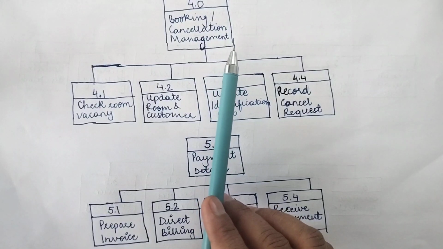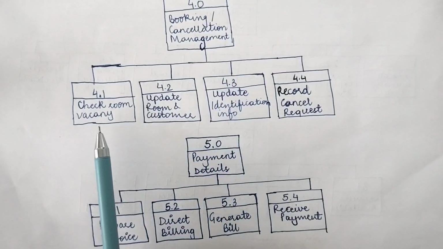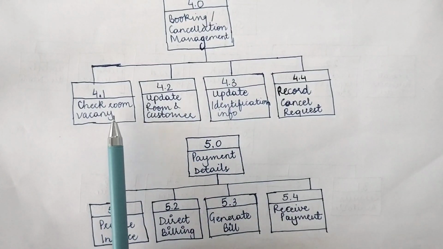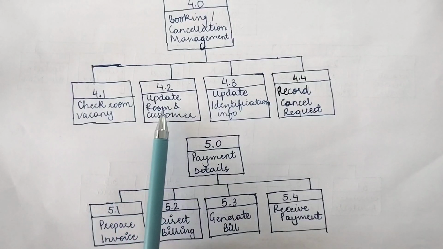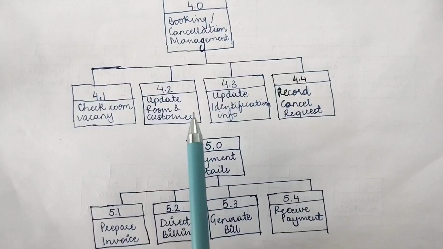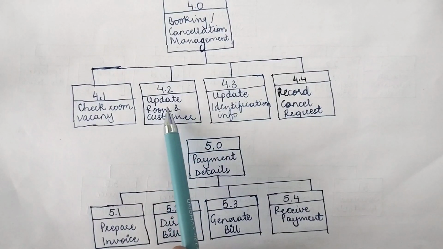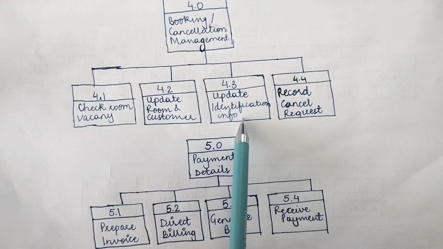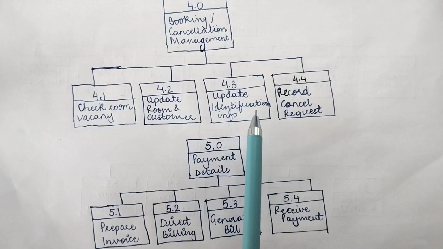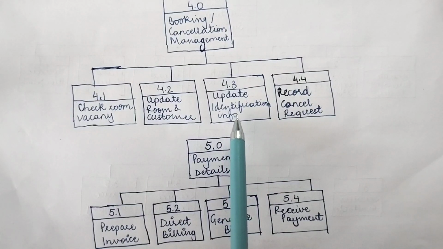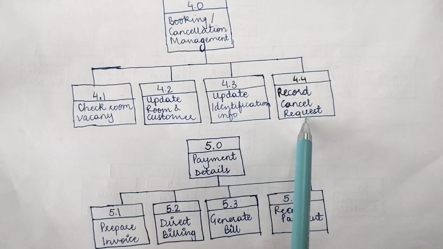In booking or cancellation management, you check whether the room is vacant. You can book a room only when it is vacant. Then if it has been booked or the customer has checked out from the room, in that case you update room and customer, you update the identification info as and when whichever customer books the room, you record or cancel request.